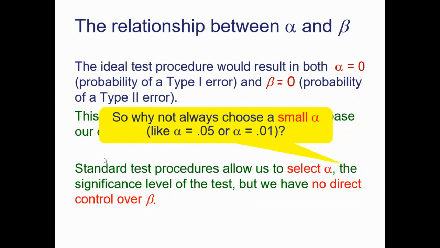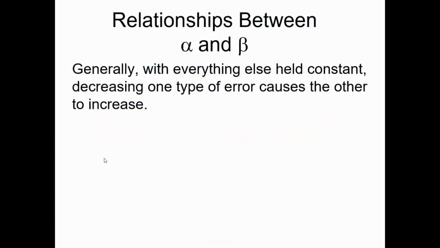No. With everything else held constant, if we decrease one type of error, it causes the other type to increase. So we're kind of in a catch-22 here. Darn if you do, darn if you don't.